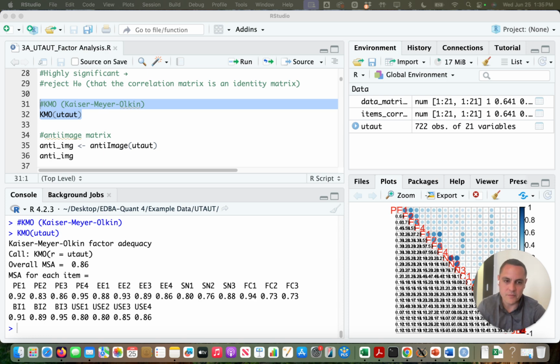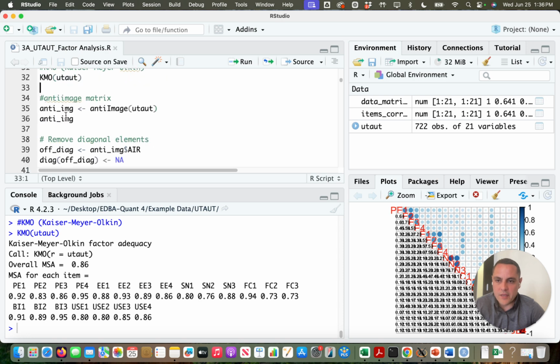So it's going to range from 0 to 1. And greater than or equal to 0.9, that would be excellent for us. 0.8 to 0.89, pretty good. And then we're going to fall into the middle with the 0.7 to 0.79. So we're actually pretty good here. That would suggest to us that we can move forward with our factor analysis.